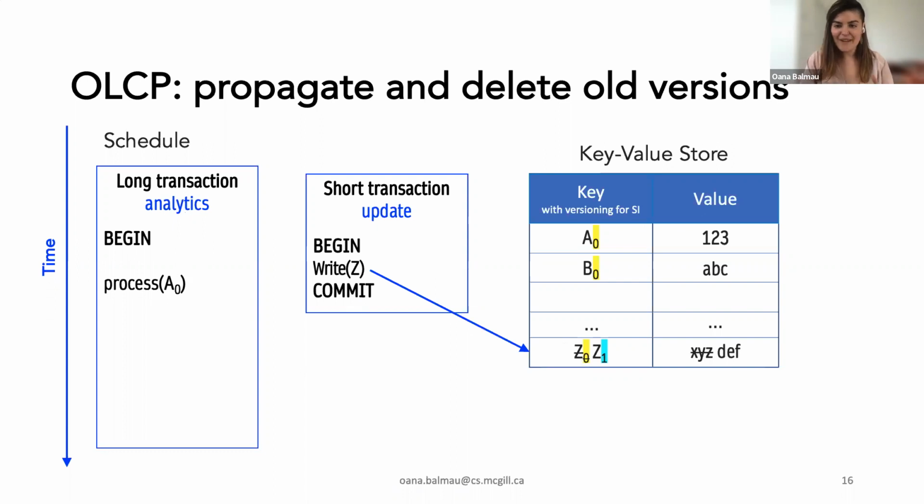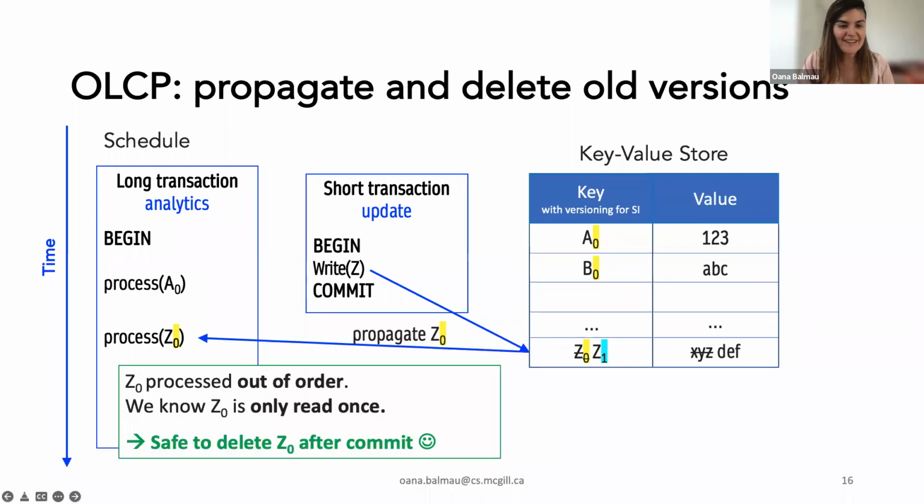If we want to write a new version of Z and replace the existing value with a new one, instead of keeping both versions at the same time, we would propagate the older version of Z to the long transaction, forcing the transaction to process this element out of order. By process, I mean adding its contribution to computing an average, for example, or a maximum.